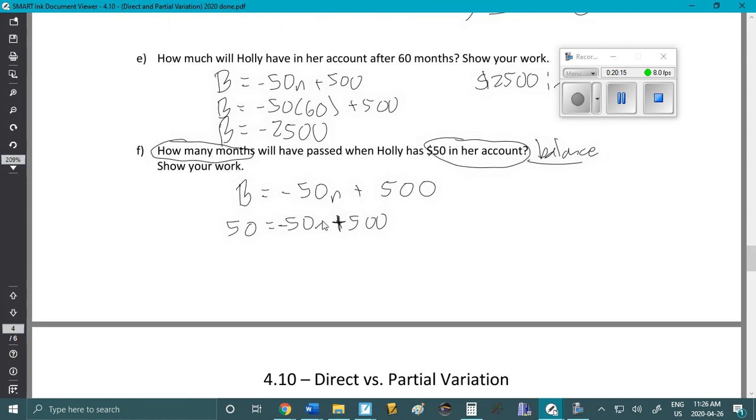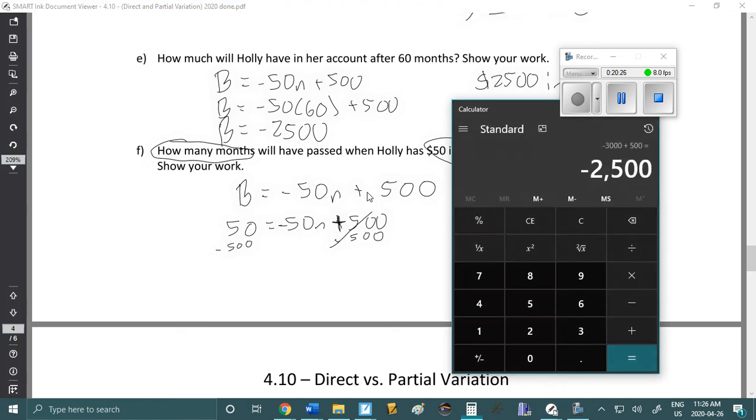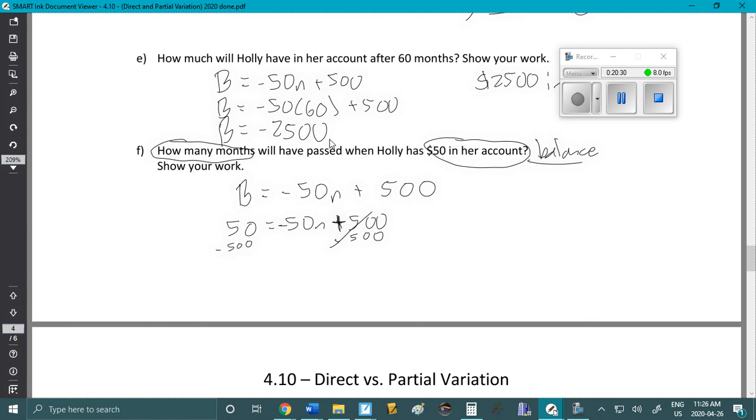So to do this, we want to get n by itself. So we got to get rid of plus 500, so we subtract 500 from both sides. These cancel. Hopefully this is ringing a bell. So 50 minus 500 on the left is negative 450. So negative 450 equals negative 50n.